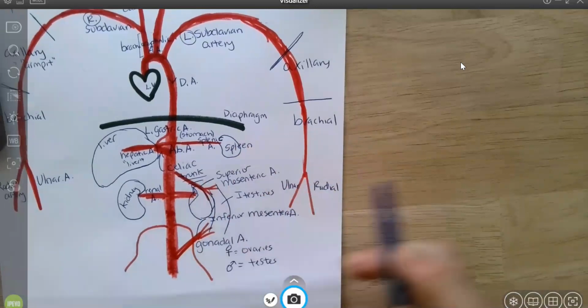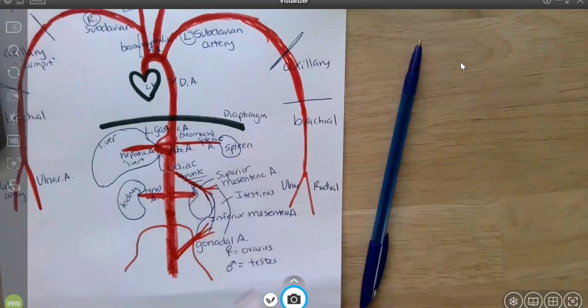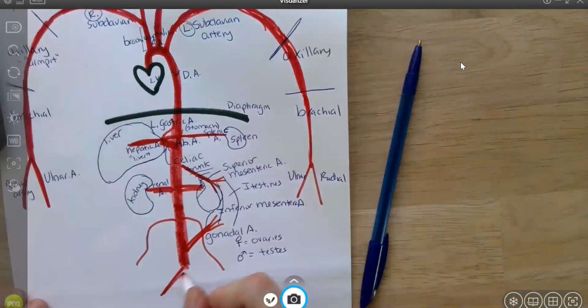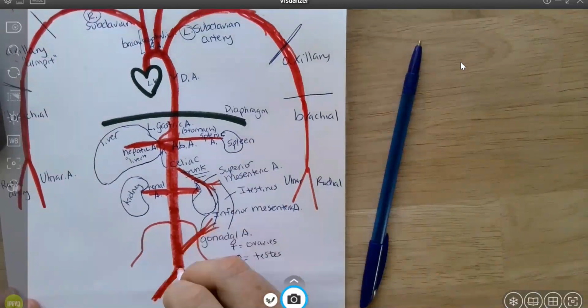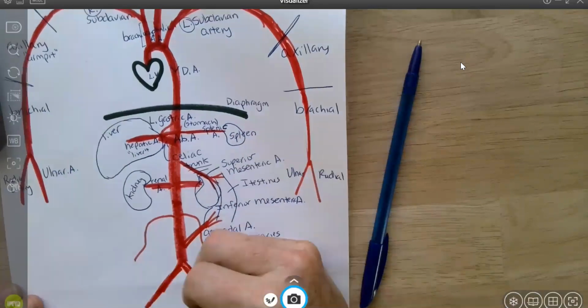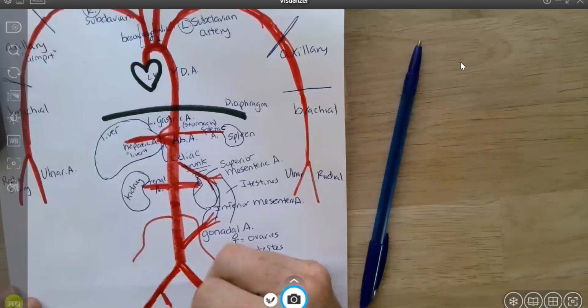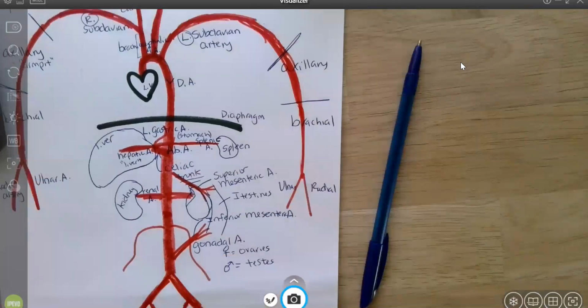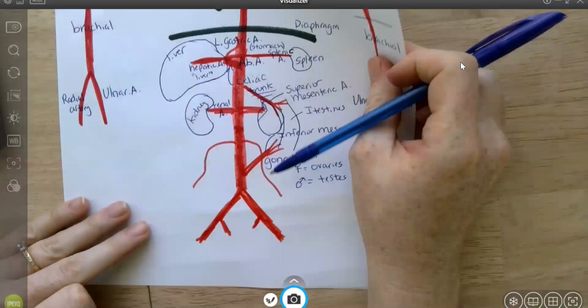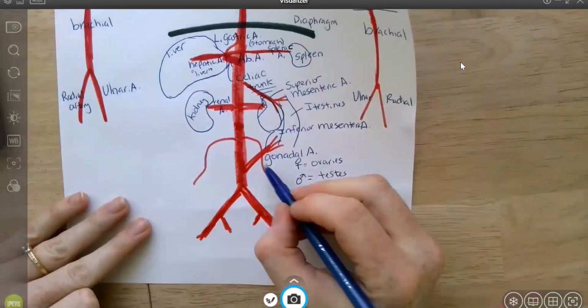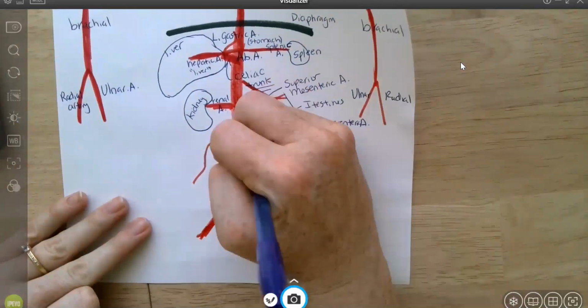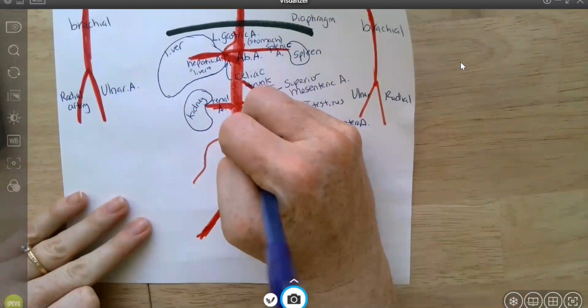Okay, and then from there, the abdominal aorta is going to split and then split again, sort of like tree roots. Flip this up. Okay, so here's your gonadal. This one here is the inferior mesenteric artery.